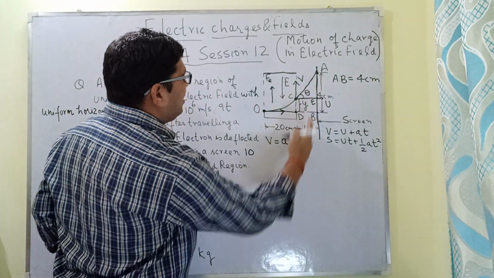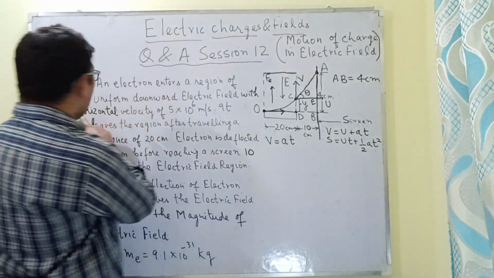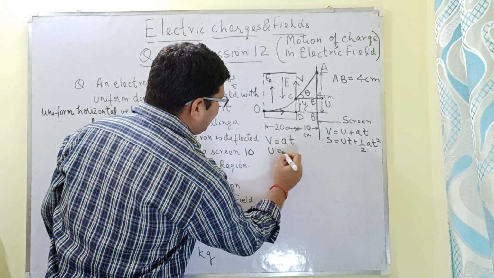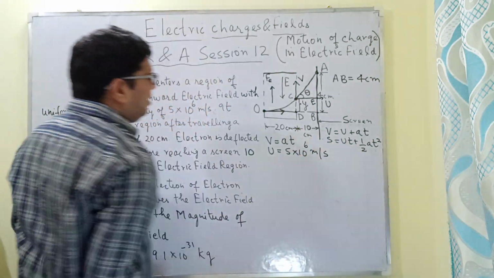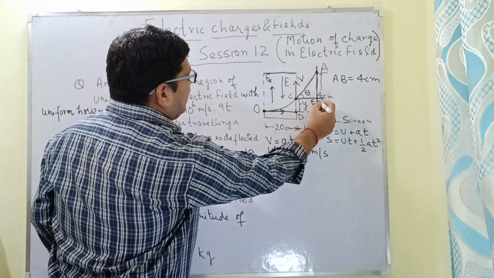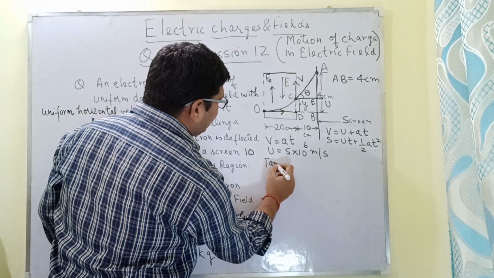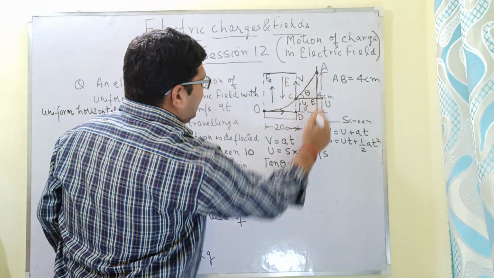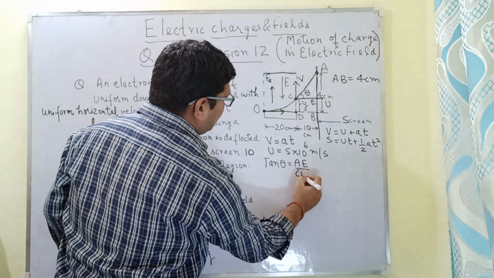So second point is, now let us consider this horizontal uniform velocity of electron as u. If I am taking it as u, then it is equal to 5 into 10 to the power 6 meter per second. Now from this triangle A, E, C, we can get tan theta is equal to AE upon CE.